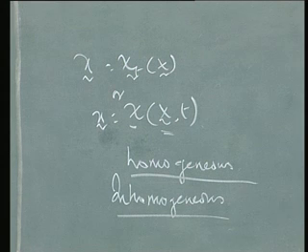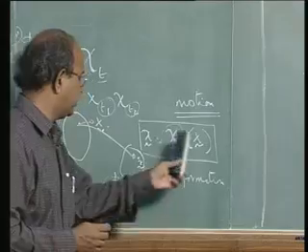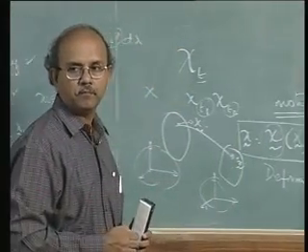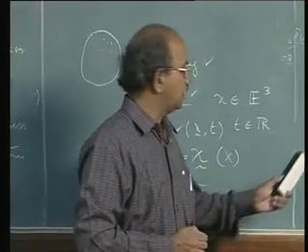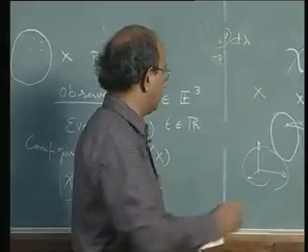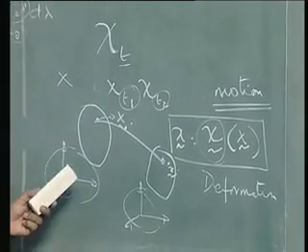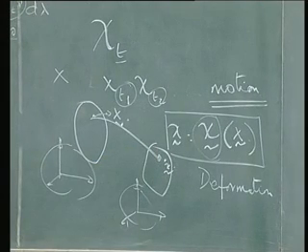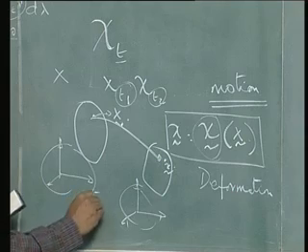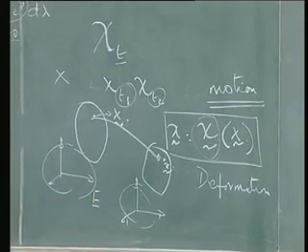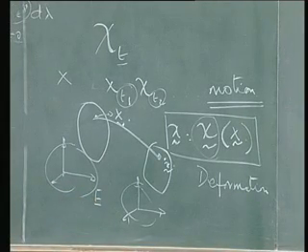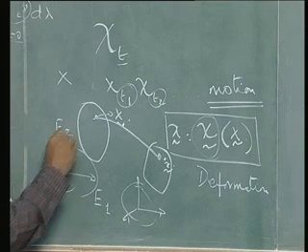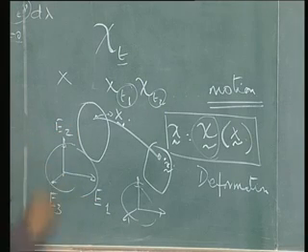Now, let us come back to this point, with more details. The first thing that we do is to put a coordinate system. Let me put the coordinate system for the body in order to specify the capital X. Let me call this coordinate system capital E. So this is E1, E2 and E3.